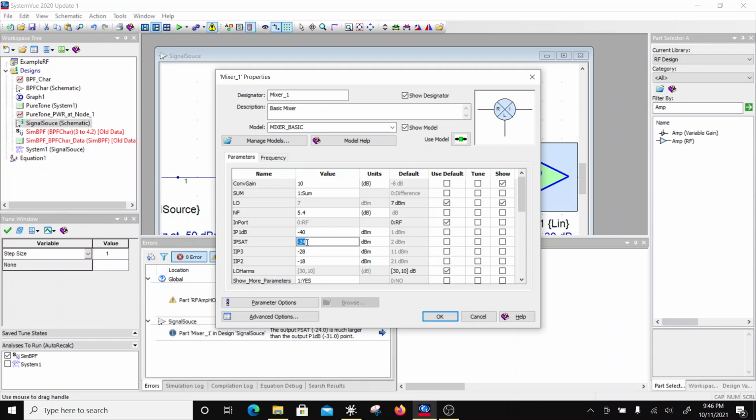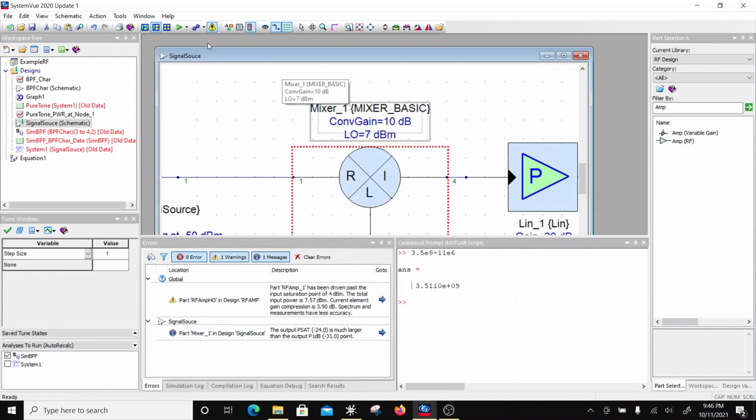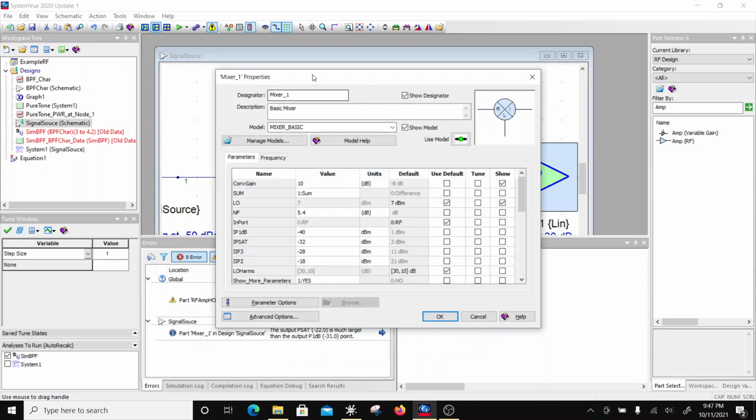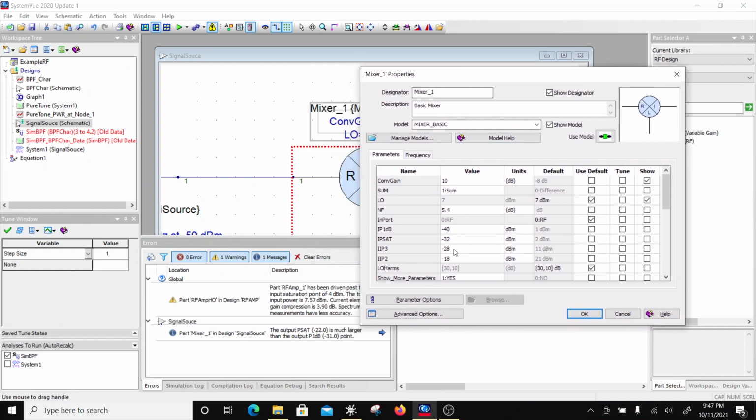So width has to be within that. So at 32, it's not going to complain, is it? It did. Output Psat is much larger than the output P1 dB. Much larger. P1 dB is minus 30.